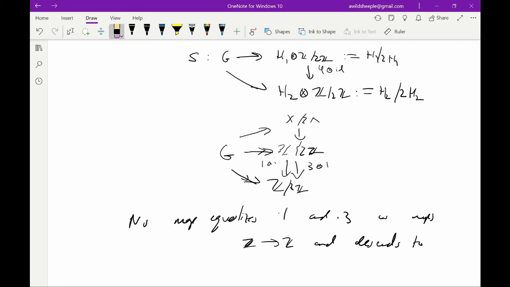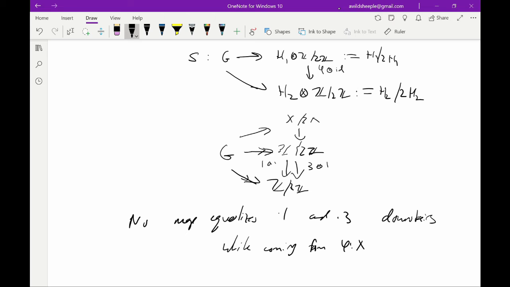That's not quite what I want to say. No map equalizes 1 and 3 downstairs while coming from something upstairs, except 0, which is expressly not allowed, because otherwise you don't get a commuting diagram.